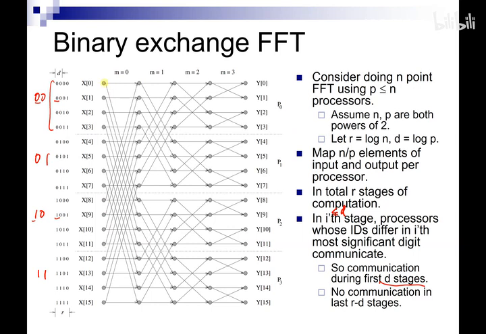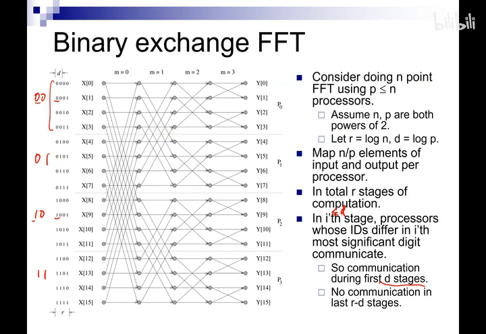In the first round of communication, you do a butterfly with a value that is n divided by 2 distance away. Here you have 16 values, and you have butterflies between values that are distance 8 from each other. In the next stage, you have butterflies between values distance 4 from each other, and then 2, and then 1.